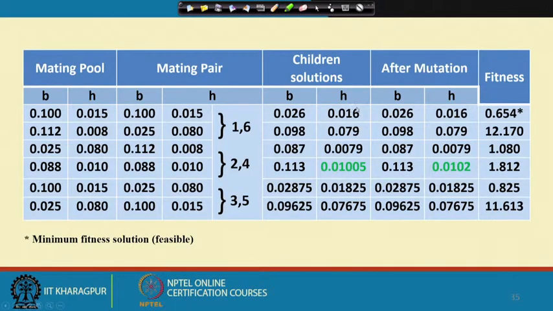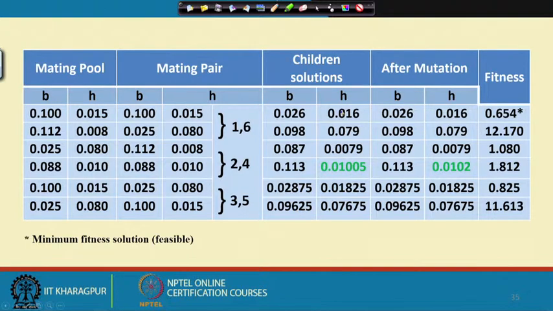So, we have seen how to determine the children solution for the whole population using the principle of simulated binary crossover. Here, for one solution we have two numerical values, B and H, and there are 6 such solutions in the population.